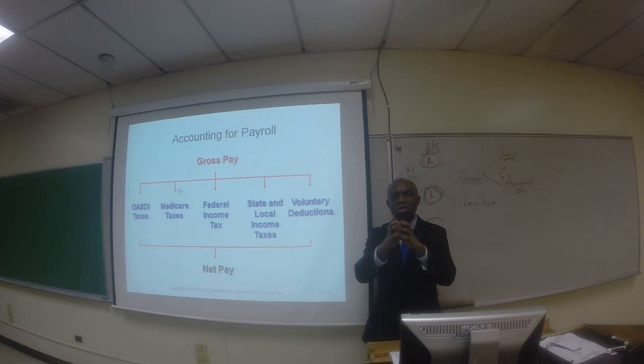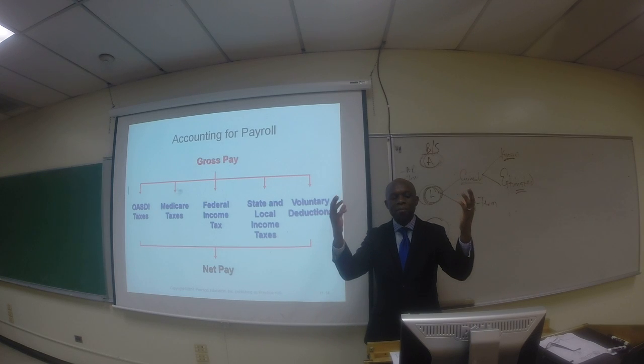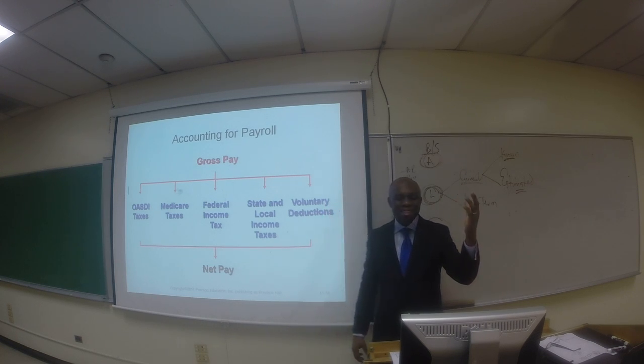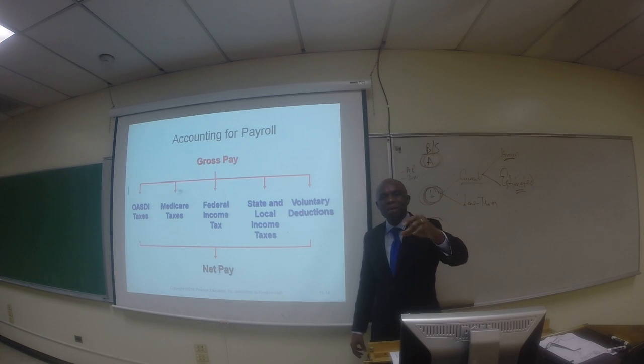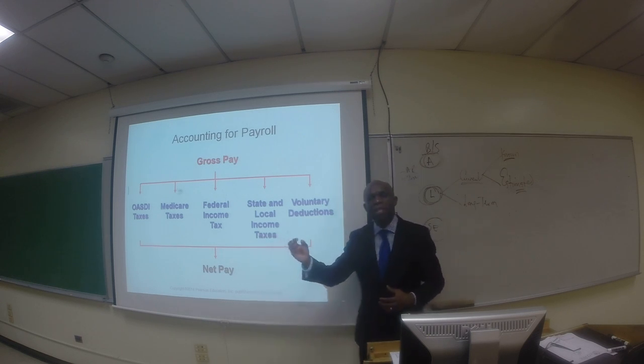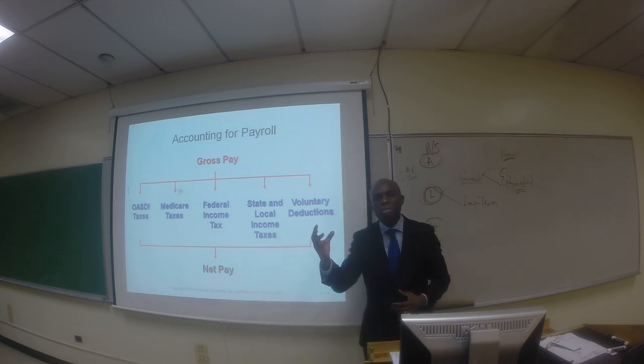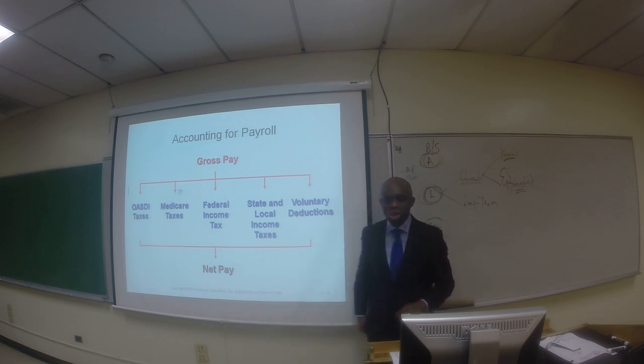So Social Security tax is divided into two parts, OASDI and Medicare taxes. The OASDI tax is the federal government imposed tax that the government will use to take care of us whenever we get old. And the Medicare tax portion deals with our medical expenses by the time we get to Social Security age.